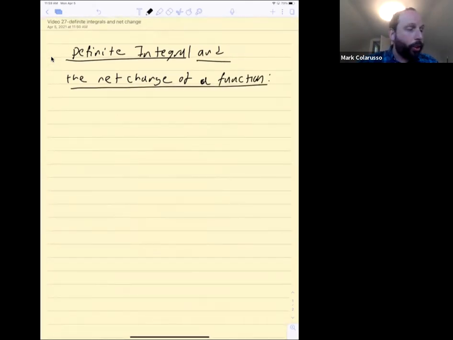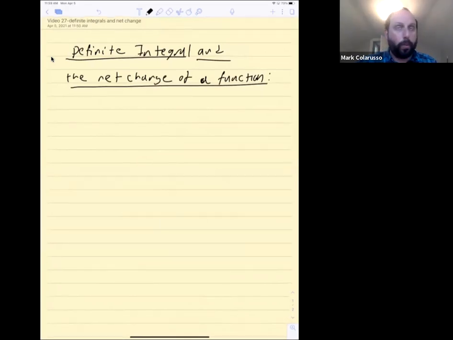Okay, so here's the setting. I'll start with a general setting. We'll play with some computations to get a feel for it, and then we'll do some examples, and you can see how things will work in applications towards the end. Okay, so here's the idea.